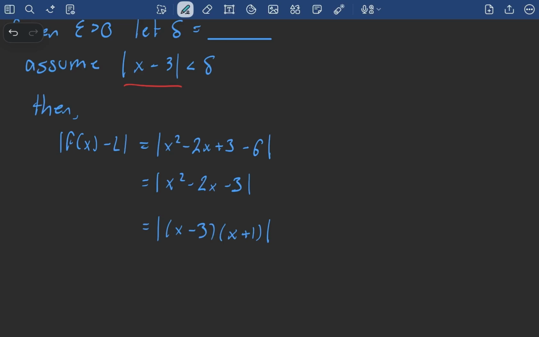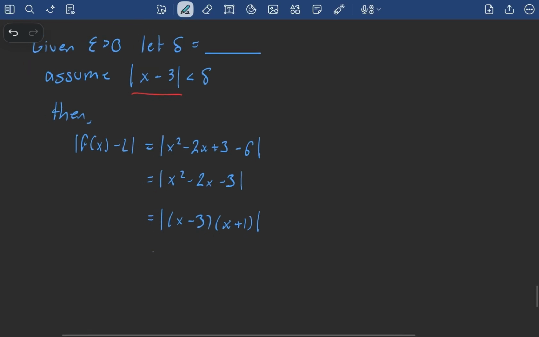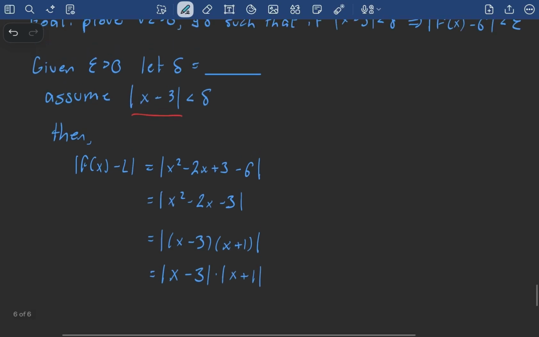And then using our properties of absolute value, we can say that this is equal to the absolute value of x - 3 times the absolute value of x + 1. And there we have it. We have our absolute value of x - 3 in there. But we've got an extra absolute value of x + 1 that we can't really do anything with because we haven't got anything to compare it with.